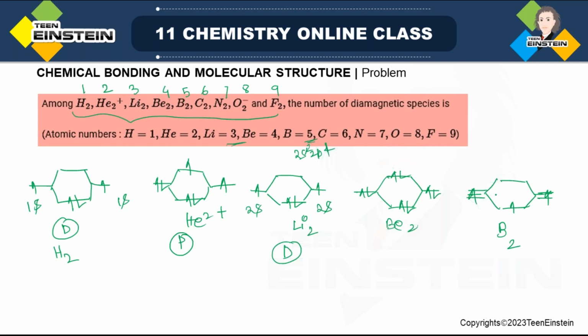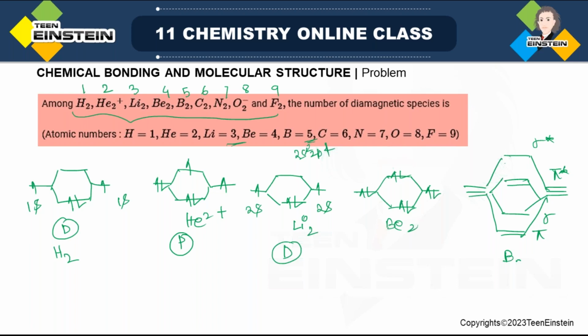Sorry, we also have to consider the pi orbitals. Okay, let me write it. So for B2, C2 and N2, we will draw a common diagram. So pi first, then sigma, then pi star, and then sigma star.